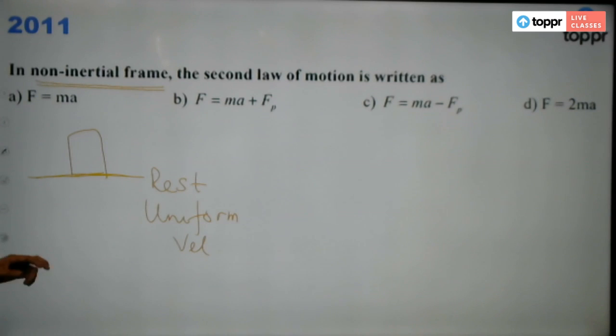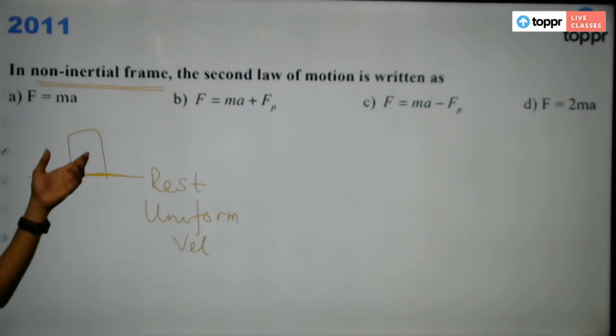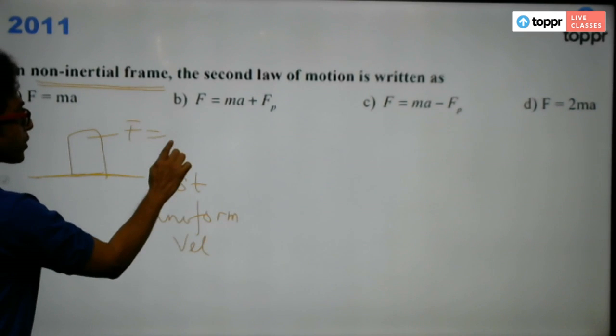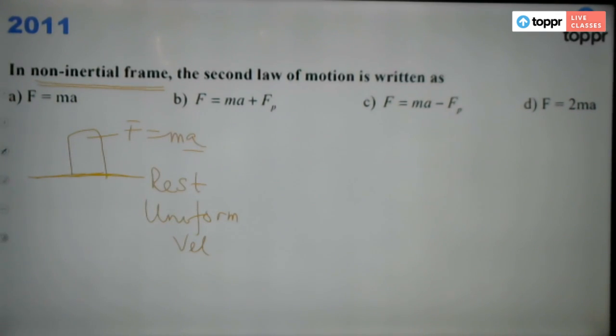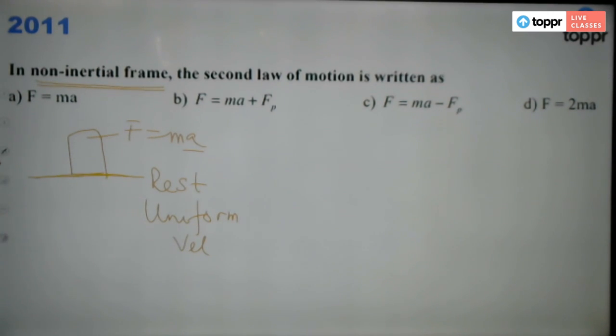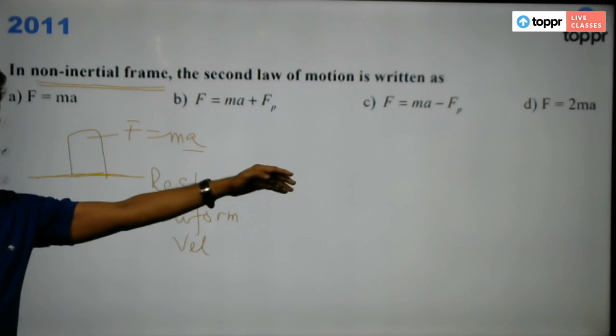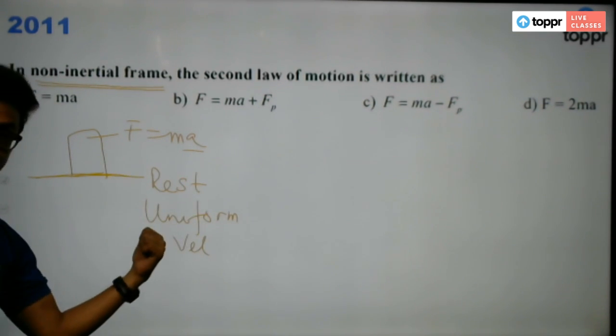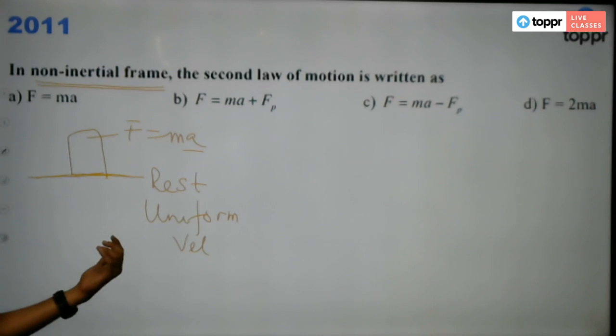Then whatever force is given to this body, force will be equal to mass into acceleration, simple. But if this frame now starts moving with an acceleration, it becomes a non-inertial frame.